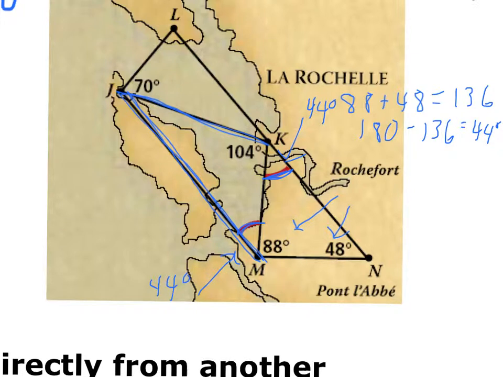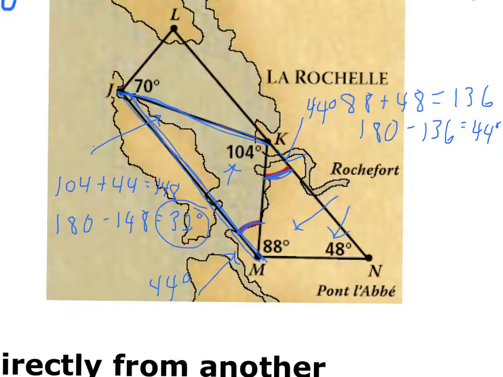Once we've found that, we can go ahead and add up everything. So we have 104 degrees plus 44, and that equals 148. And 180 minus 148 would give us 32 degrees. So you know that measure angle MJK would be 32 degrees.